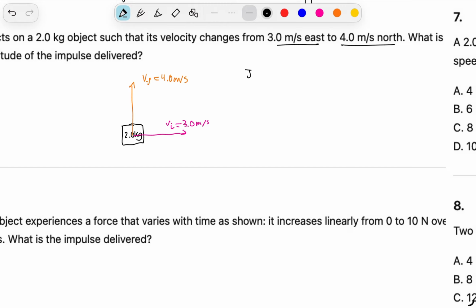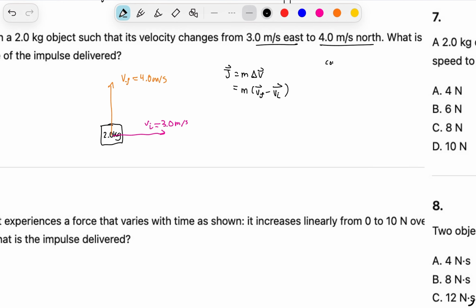So our impulse is equal to m delta v. So you can rewrite this as m times v final minus v initial, and we have our components. Our initial is that we are at 3, 0, and final, we can say we are at 0, 4.